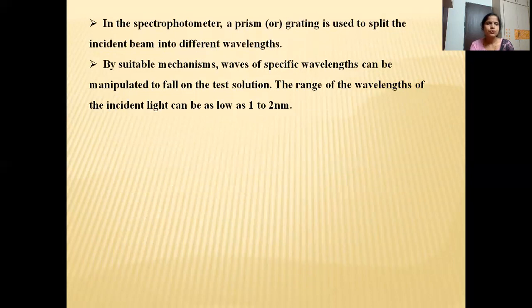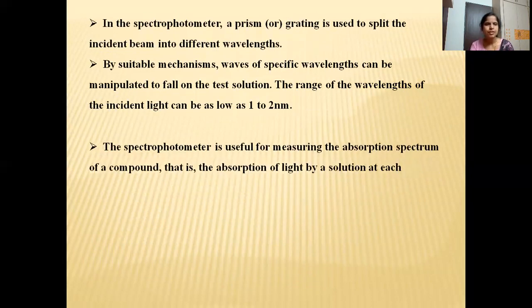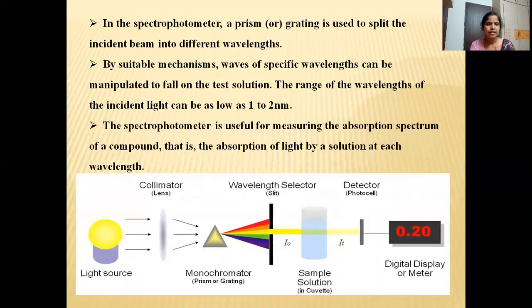In a spectrophotometer, a prism or grating is used to split the incident beam into different wavelengths. Here this is the prism or the grating, which can split the light into different wavelengths, ranging from 1 to 2 nanometers, and these are passed into the solution present in the cuvette.